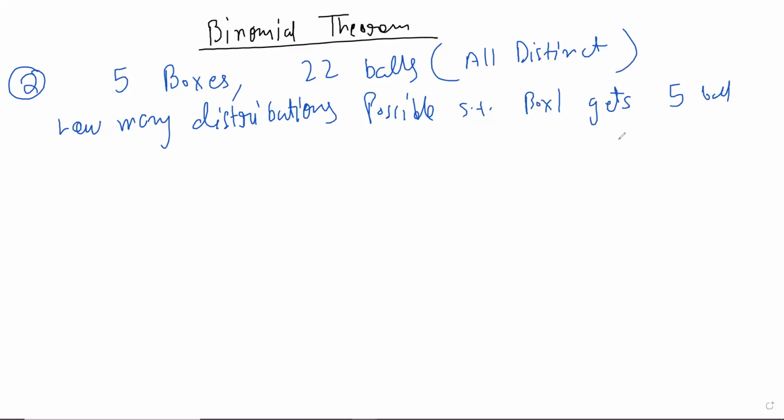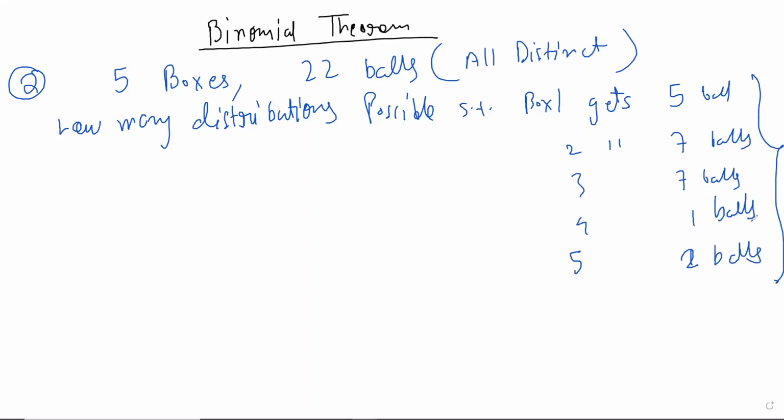Box 2 gets 7 balls. Box 3 gets 7 balls. Box 4 gets 1, and box 5 gets the remaining, which is also 1. So 12 and 7, 19, and so you'll get 2. Just making the question concrete. So now we have specifications.